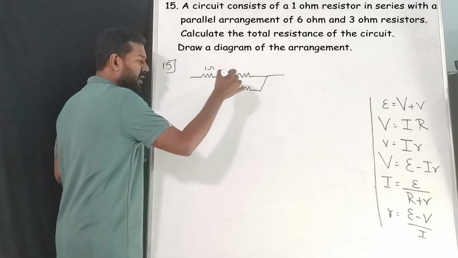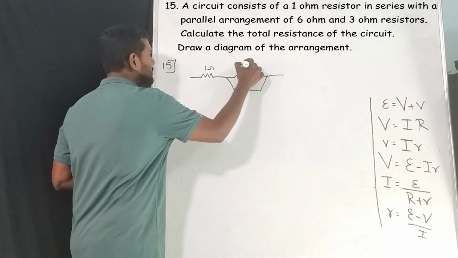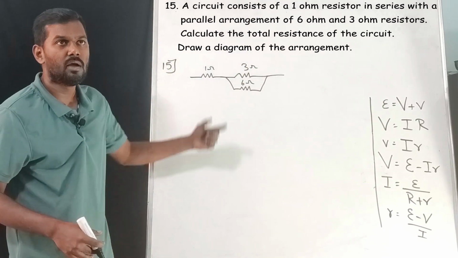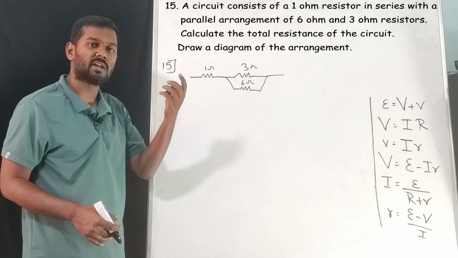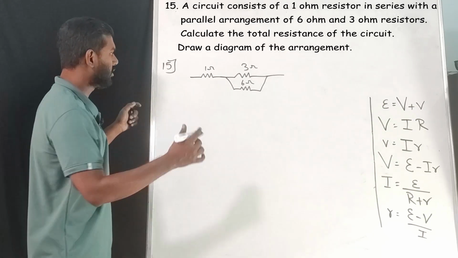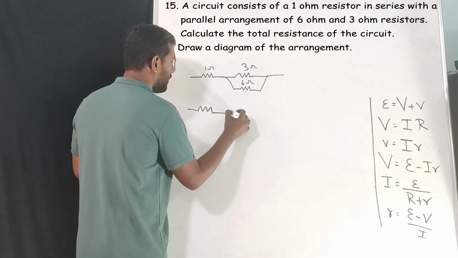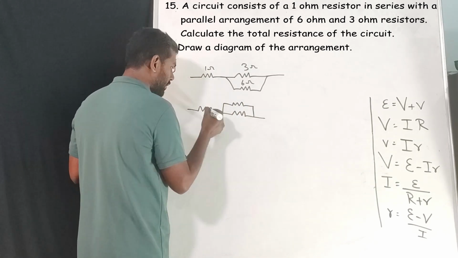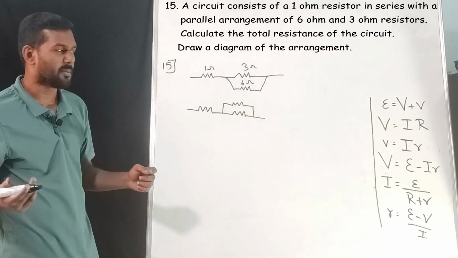You can write the parallel diagram anyway. So this will be 3 ohm and this will be 6 ohm. Now we have to find the complete equivalent resistance or effective resistance value, and they are asking for the diagram also. This is the diagram, or else you can go for this diagram also. In both diagrams you will get the same answer.